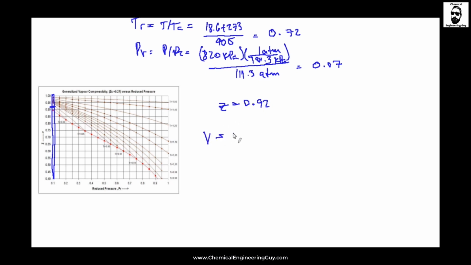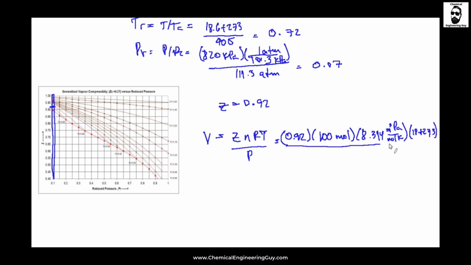We need V equals ZnRT divided by P, which is the ideal gas just with the correction here. So let's substitute all the data. 0.92, moles is 100 moles. We choose that feed. R 8.314 cubic meters pascals per mole Kelvin. Temperature it's 18 plus 273.